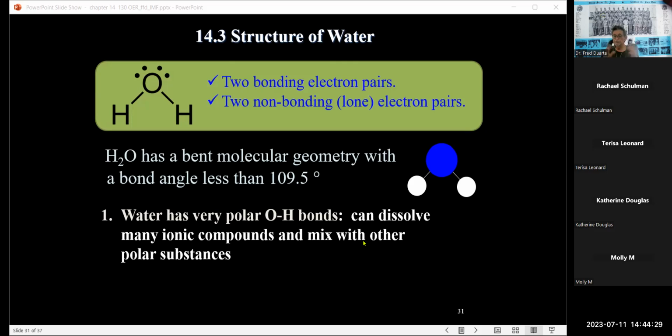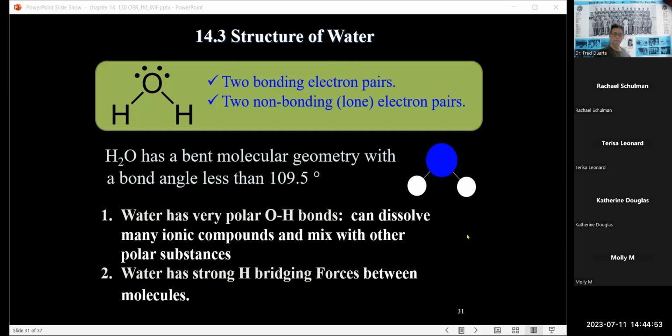This compound will dissolve literally anything that's polar, even those molecules that are classified based on the solubility rules as insoluble. Remember, there's always a little bit that is soluble when you're dissolving in water.